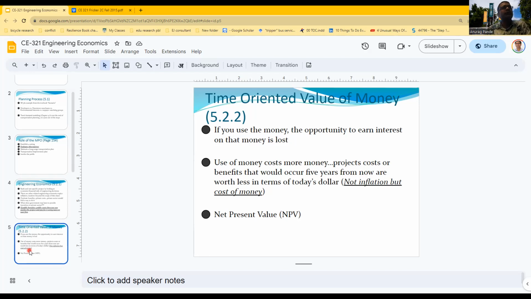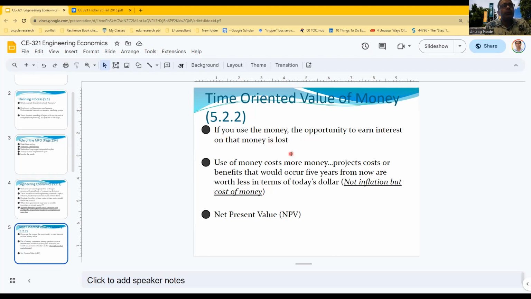What we are interested in mostly here is that if you use the money, then you lose the opportunity to put that money to use in other projects or alternatives, or even just setting it in the bank and earning whatever you're currently earning, let's say 4% or 5% interest, right? So if you use the money on any project, the opportunity to earn interest on that money is gone.